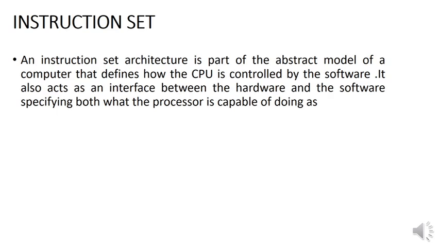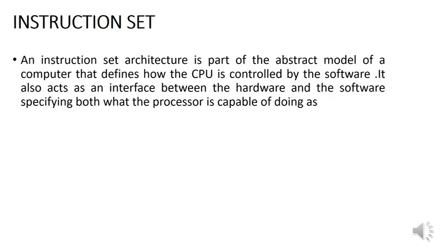Which software? We are talking of the operating system, application software, and other software. How the CPU is being controlled, managed, is the work of instruction sets. It also acts as an interface between the hardware and the software. Look at it.